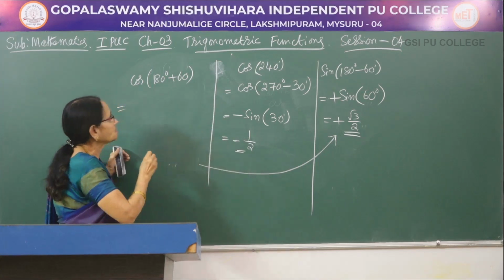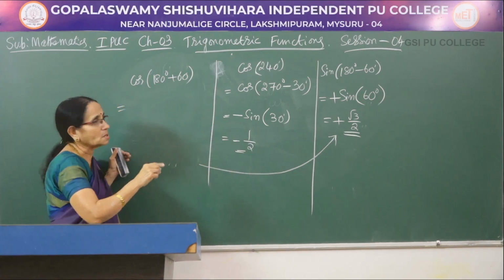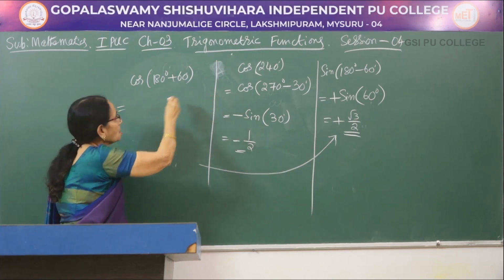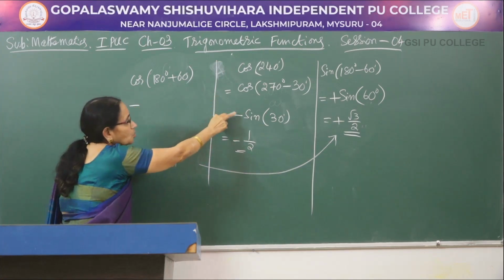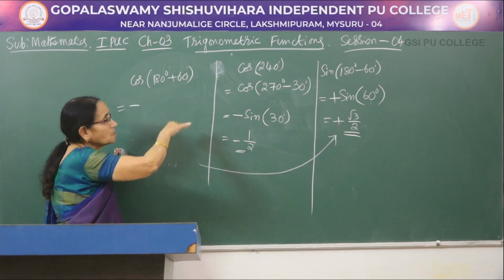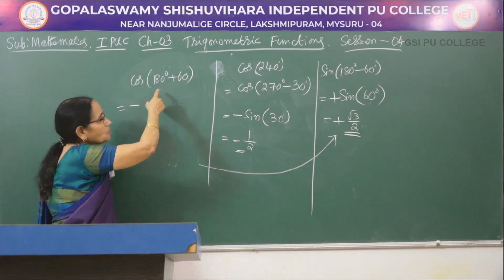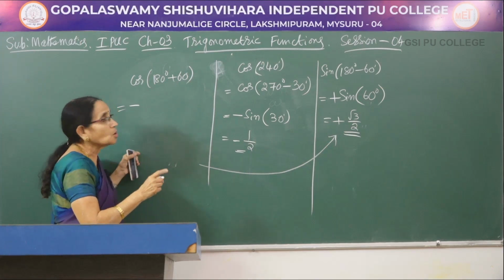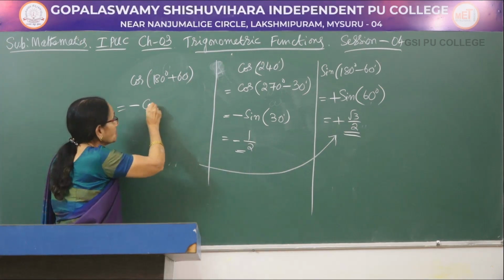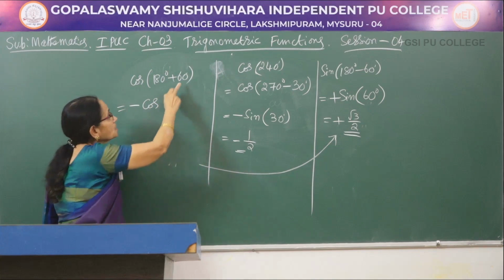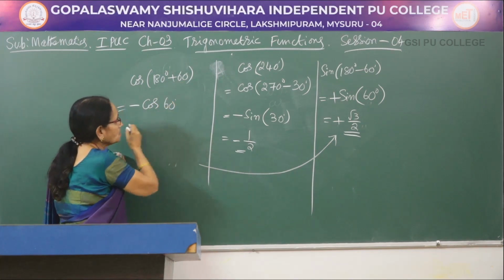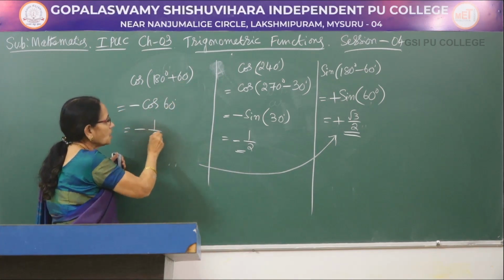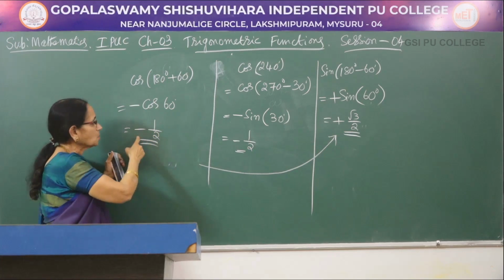So, 180 plus 60. For the sign part, it is the third quadrant, cos ratio, it is negative. So there is no change in that, only the way we write. Because I am using 180 here, you have to write the same function. It is cos of this angle, it is cos 60. So what is the value of cos 60? It is 1 by 2, with the negative sign.